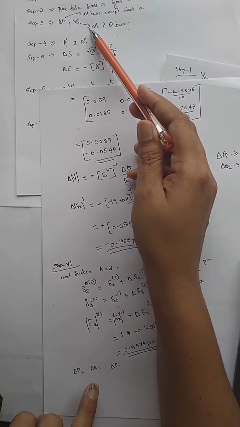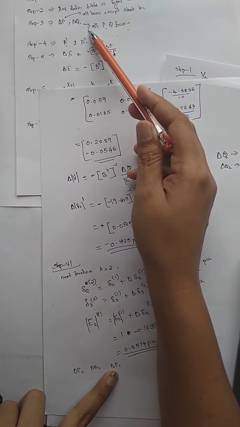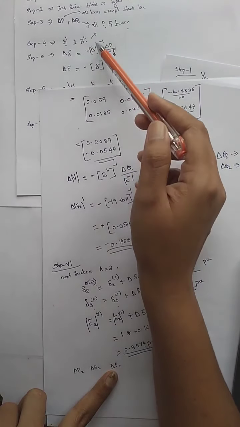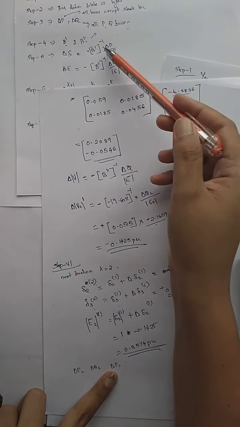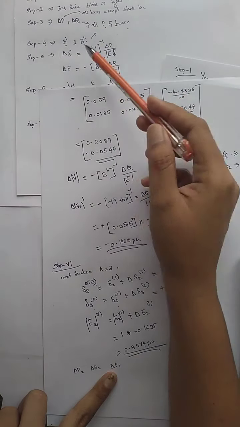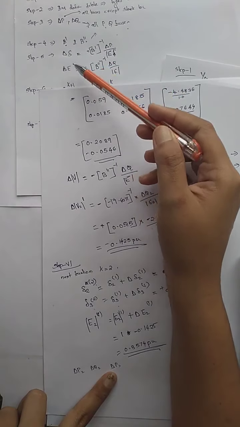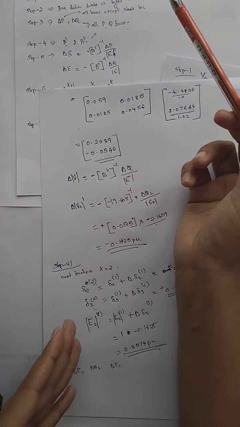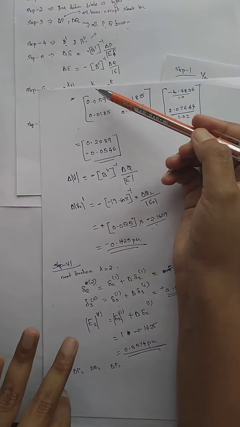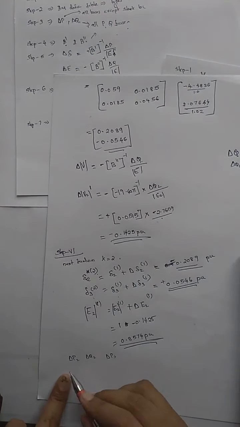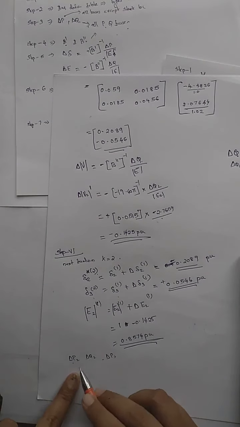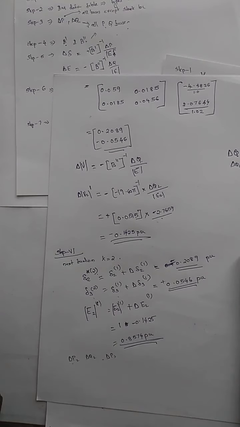We have to find out delta P2, delta Q2, delta P3. Then this value won't change, so then we will go to step 5 and find out delta E. Next we will find out the value for the next iteration, and we will check the values for consecutive iterations for this power mismatch, and if the value is less than or equal to 10 raised to minus 3, then we can stop our iterations.